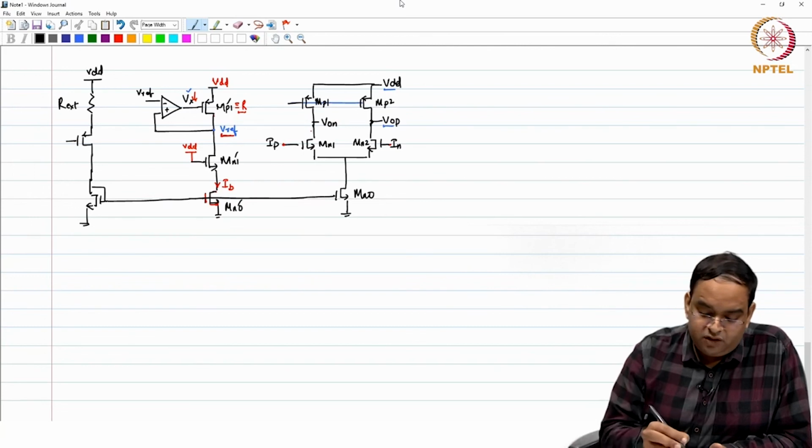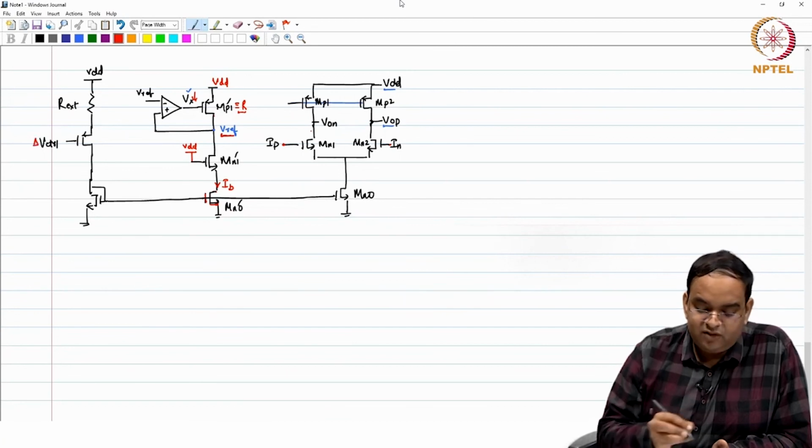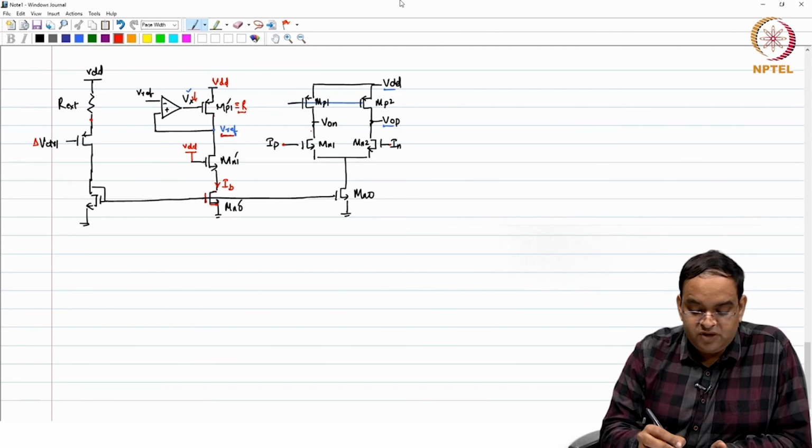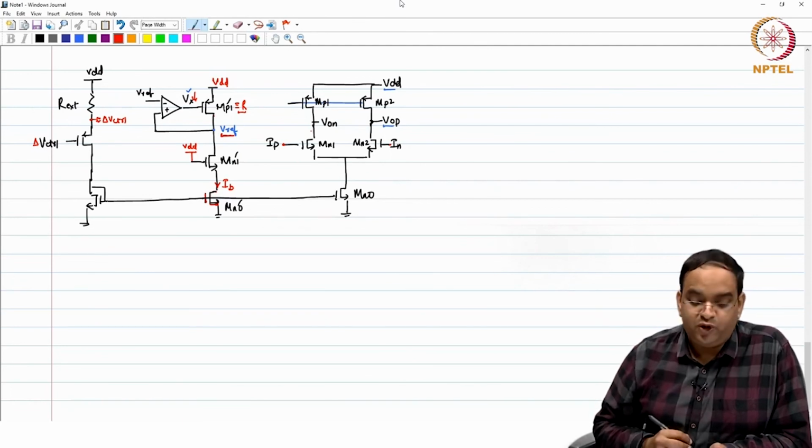Okay. So, now here you give V control. What happens is when you change V control by delta V control, because it is a source follower with respect to the PMOS, you get roughly delta V control change at the output node.